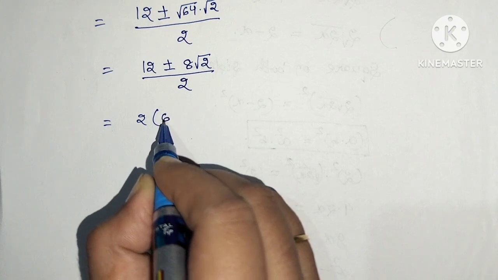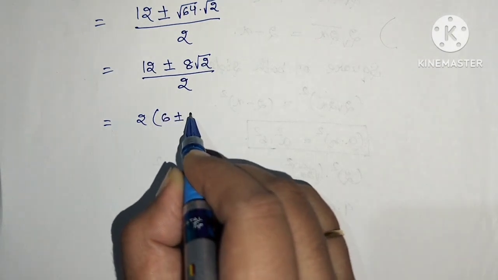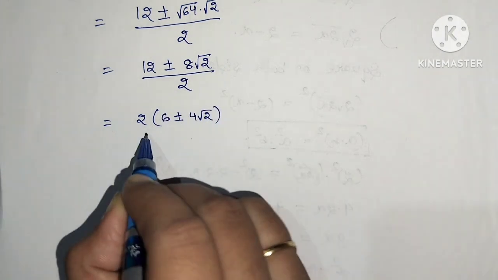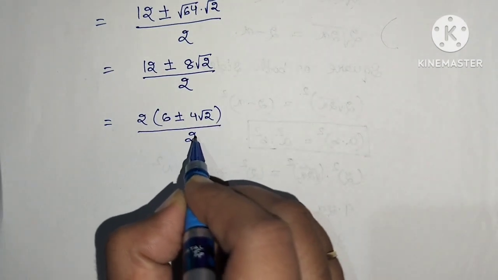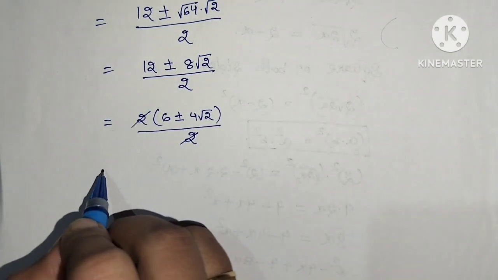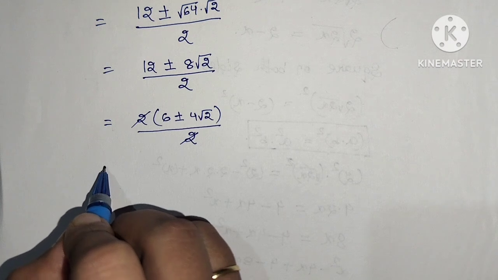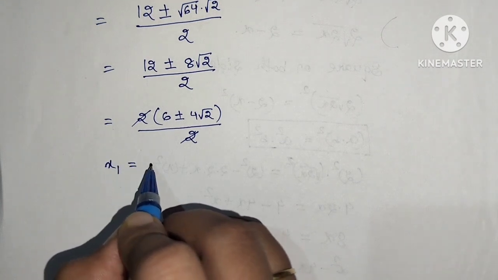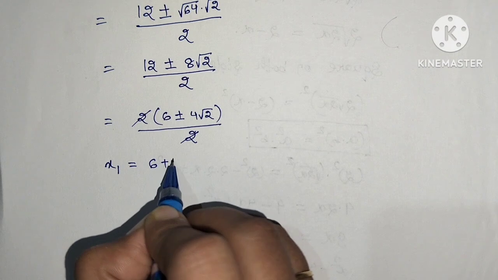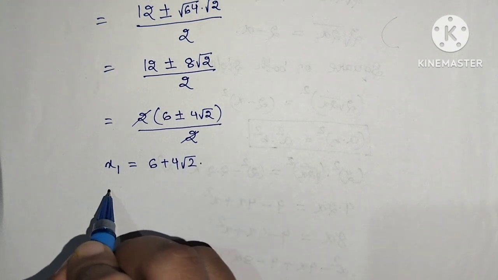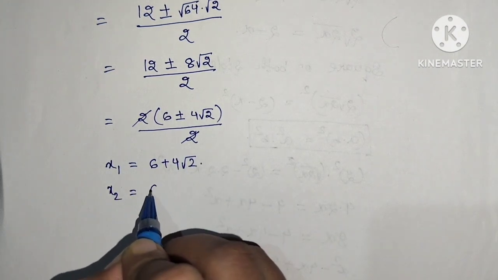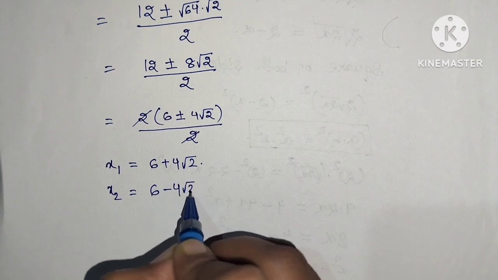Then here 6 plus minus 4 root 2, divided by 2. Then 2 cancel. Then what is the value of x1 and x2? x1 is equal to 6 plus 4 root 2 and x2 is equal to 6 minus 4 root 2.